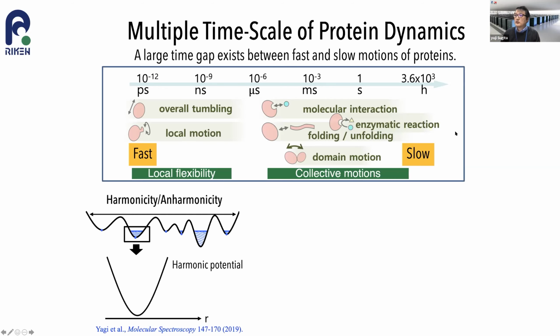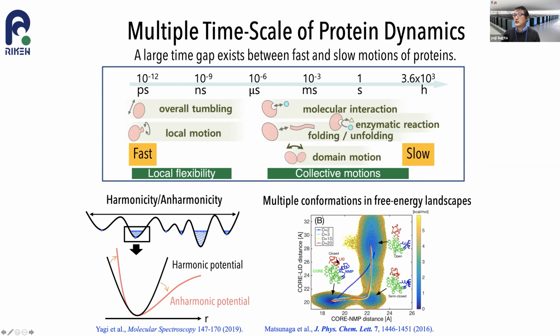But even for fast motion, if we want to predict it accurately, we need to investigate the anharmonicity, which is more difficult than the harmonic approximation. And for treating slow motion, we have to simulate structures which are not resolved by experiment. Such multiple timescale nature makes the situation more complicated.